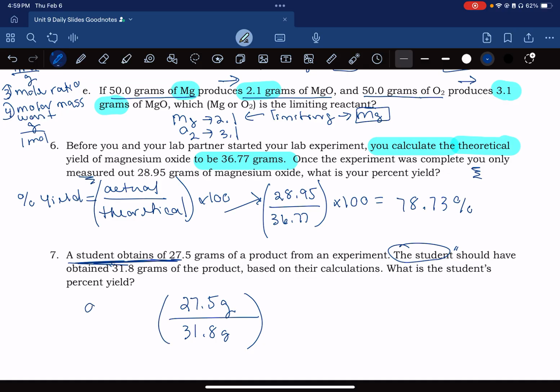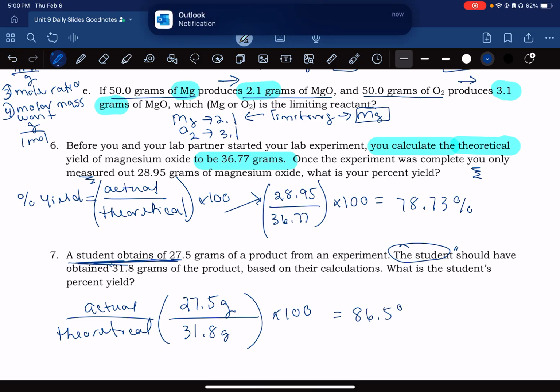So again, that is actual over theoretical, times 100. And when I put that in the old calculator, let's see, I get 27.5 divided by 31.8, okay, times 100. 86 point, let's just round it, 86.5%. 86.5%.